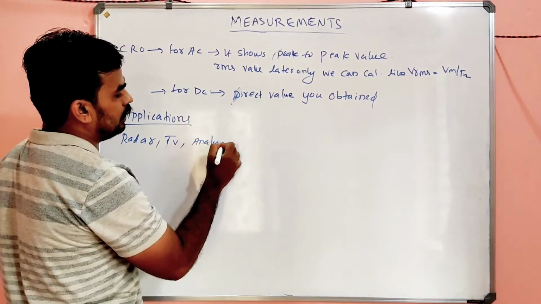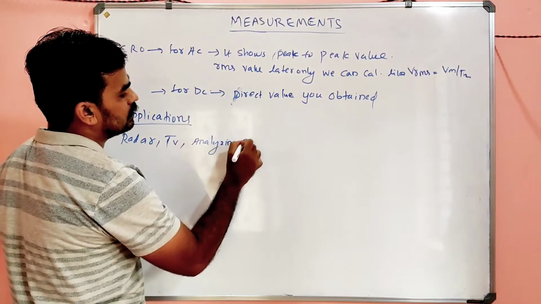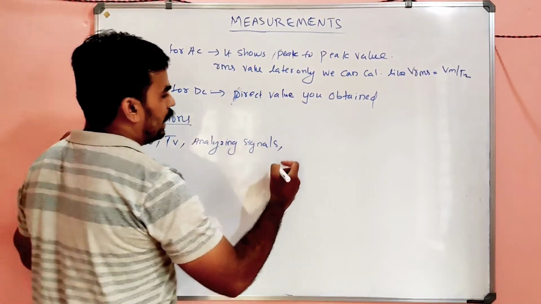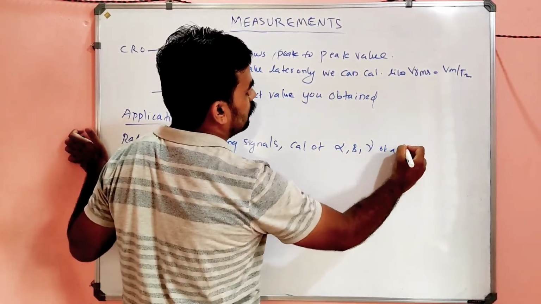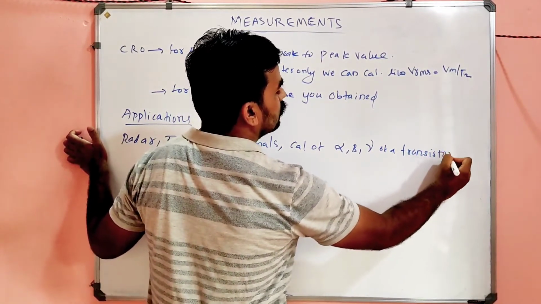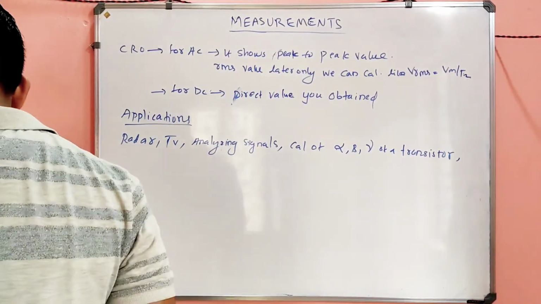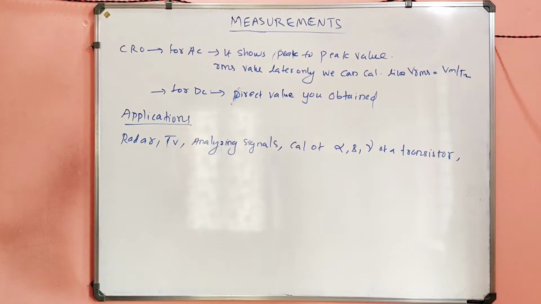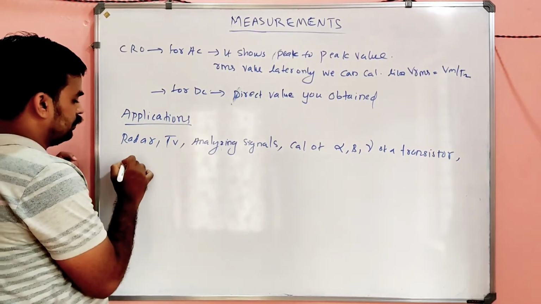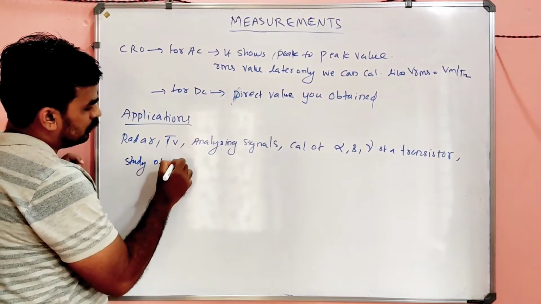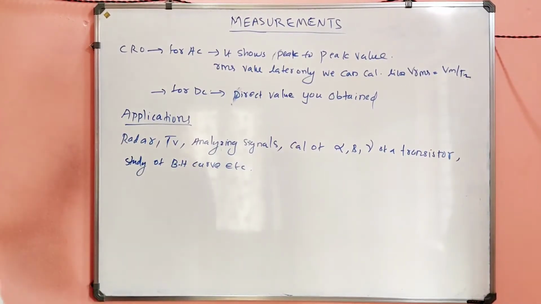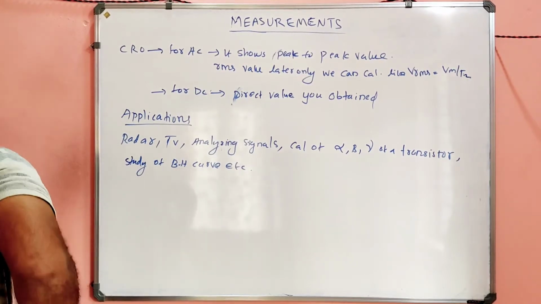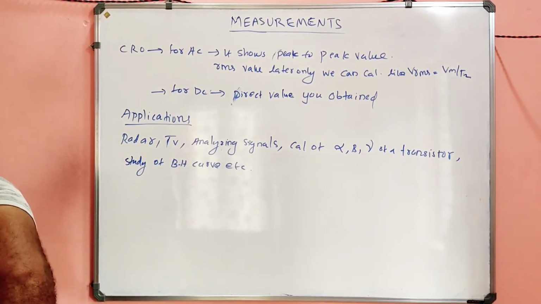Analyzing signals, calculation of alpha, beta, gamma of a transistor, and again study of the BH curve, etc. These are the areas where you can apply this. That's all about the applications.